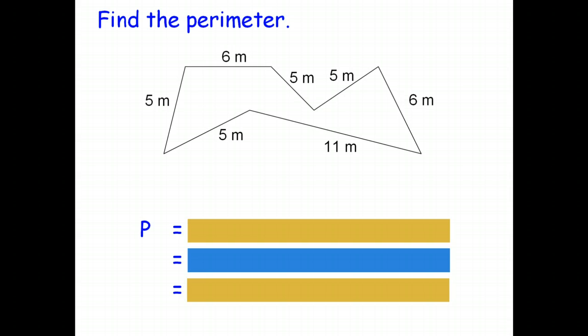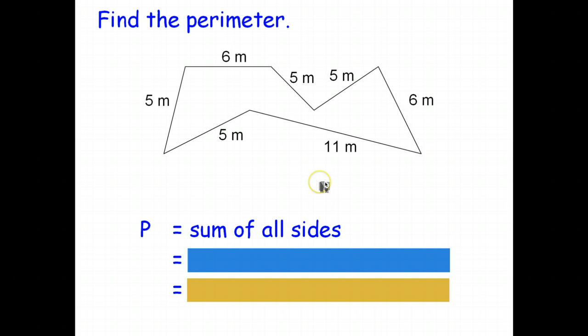Okay, so here I have a two-dimensional shape, and here's the setting out. Normally, for just about all of your measurement questions, you're going to have 3 lines of setting out. The first thing we always do is write the formula. So perimeter equals sum of all sides. The second step is you put the numbers in.